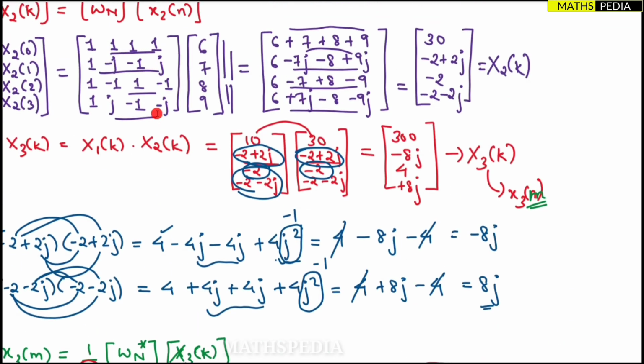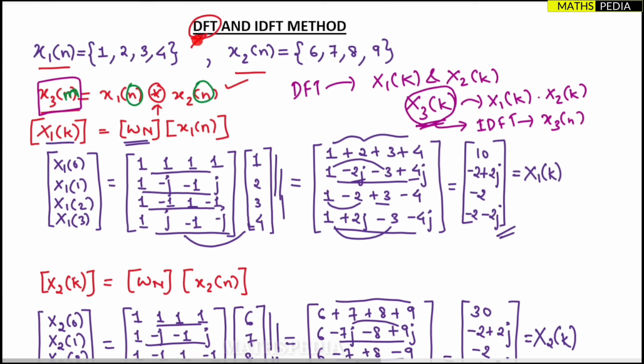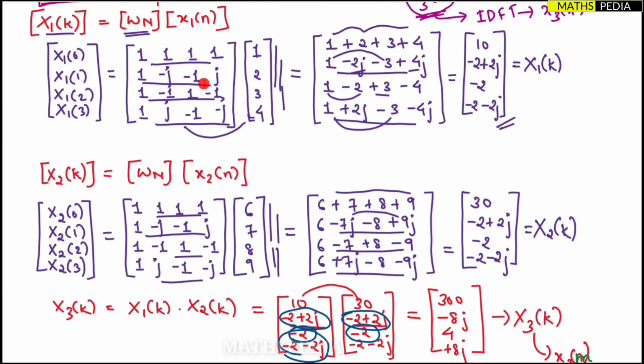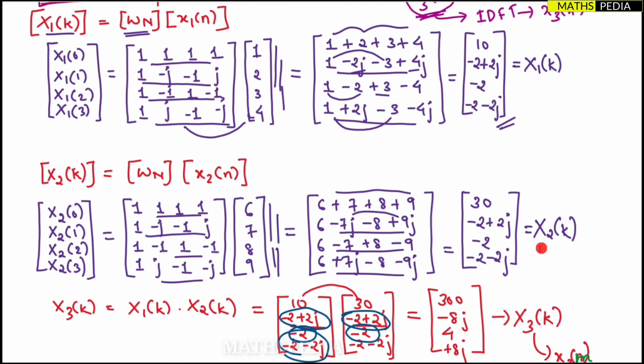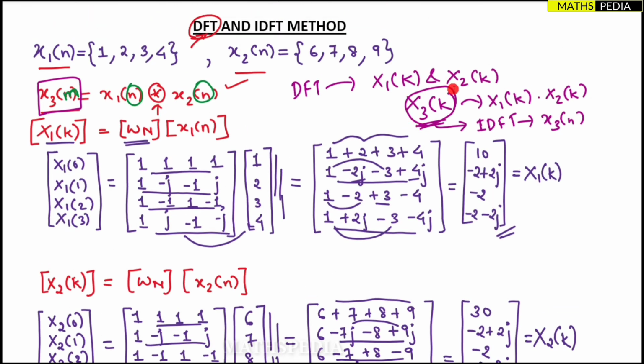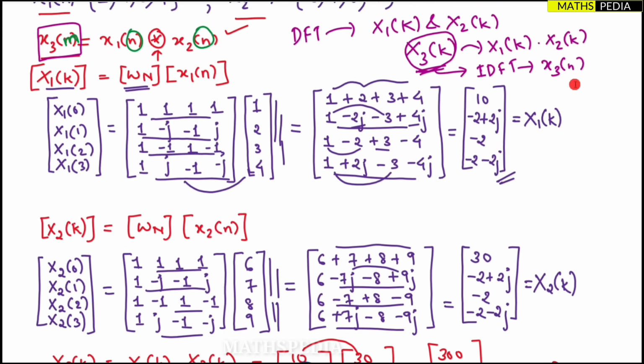So that's why this name came, why this method has been taken. The simple reason is that first we are going for DFT. We found out x1 of k, right? X1 of k, then we found out x2 of k. Then in order to find out x3 of k, we just multiplied both x1 of k and x2 of k. Then after that we have to find out x3 of m. Okay, so this is actually m.